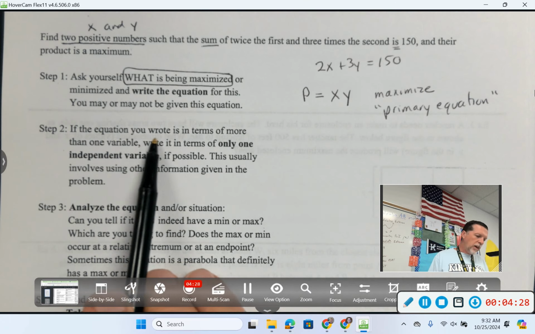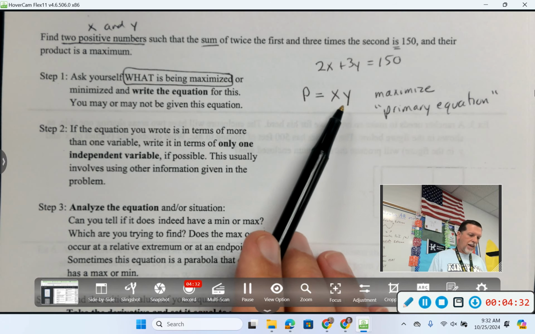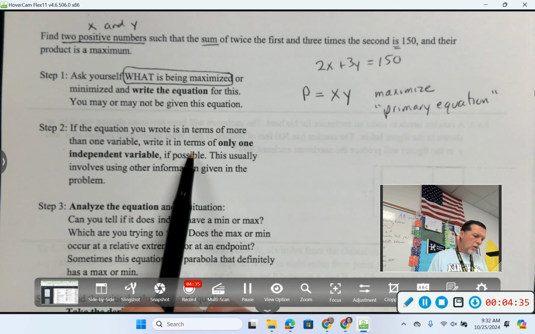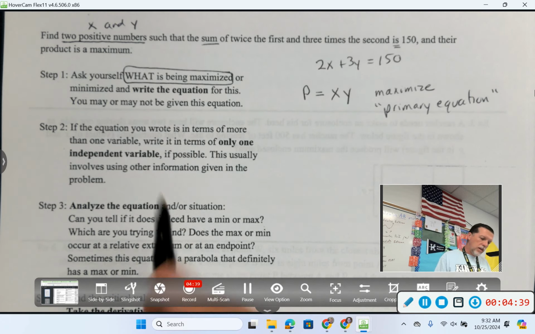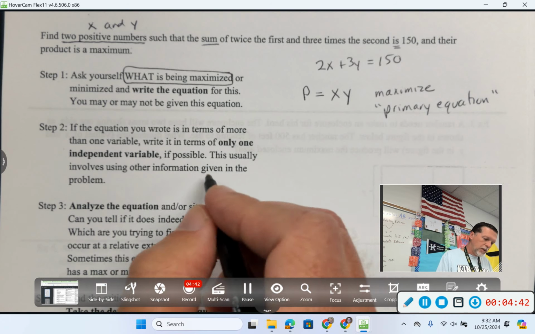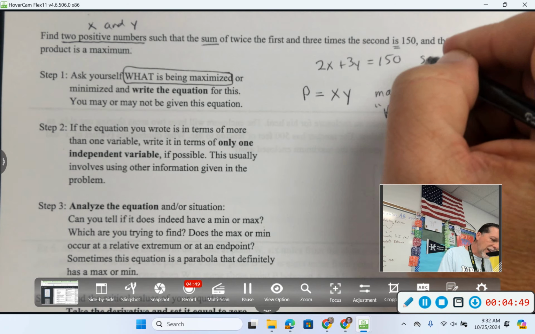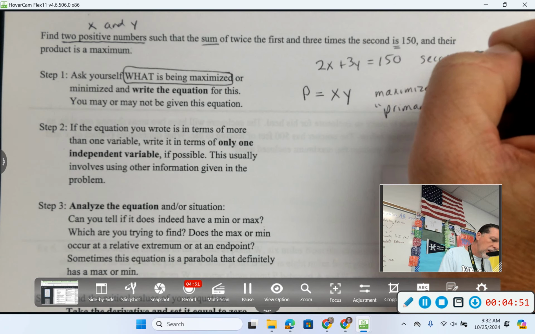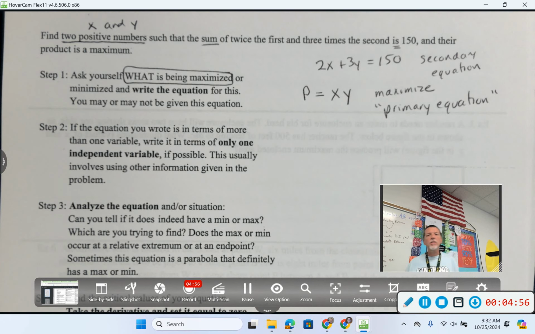Step two, if the equation you wrote is in terms of more than one variable, as in x and y, write it in terms of only one independent variable, if possible. It's usually possible. This usually involves using other information given in the problem. So I'm going to take my secondary equation, the sort of helper equation, and use that.